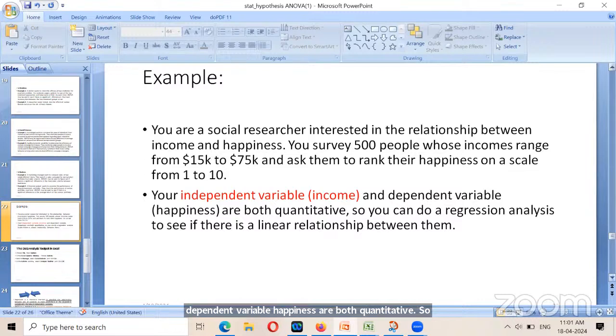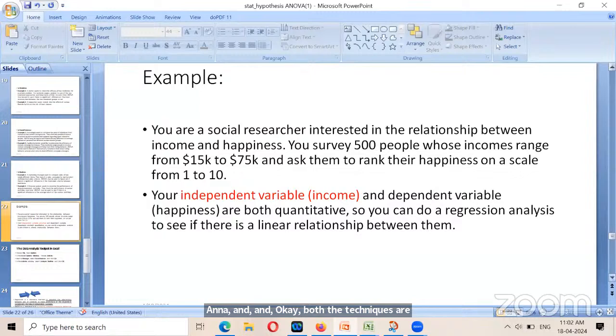Okay, so as most of you are from a commerce and management background, you will be aware of regression analysis also, right? So many times what happens, ANOVA and regression are confused together. Okay, both the techniques are very powerful.